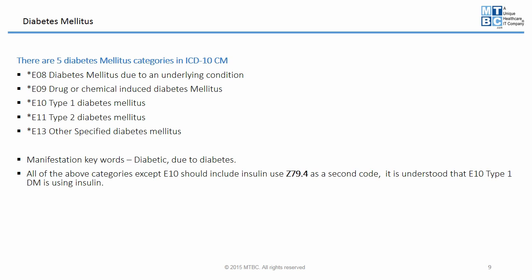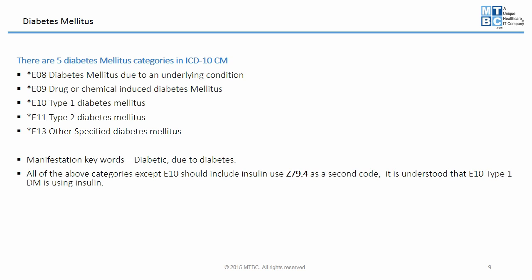So you're getting more points towards your risk adjustment score. So it is important to link the manifestation or the complication, but you have to document it in the chart clearly enough for us as coders to show the relationship. We cannot assume it.